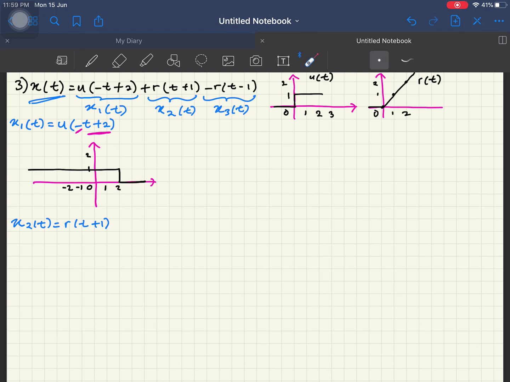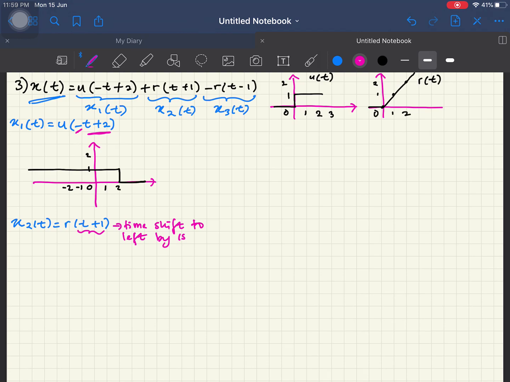What you have here is a ramp signal that undergoes a time shift to the left by 1 second.